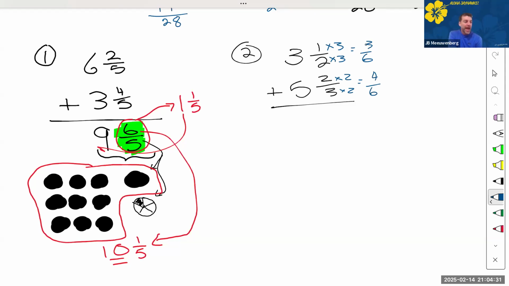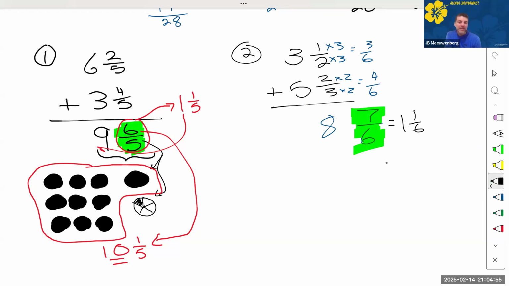Then I'm going to add the fractions. 3 plus 4 is 7/6. Then I'm going to add the whole numbers. 3 plus 5 is 8. And we have to do the same thing we did over here. If you just focus on the improper fraction portion, you'll notice that that would be equal to 1 1/6.